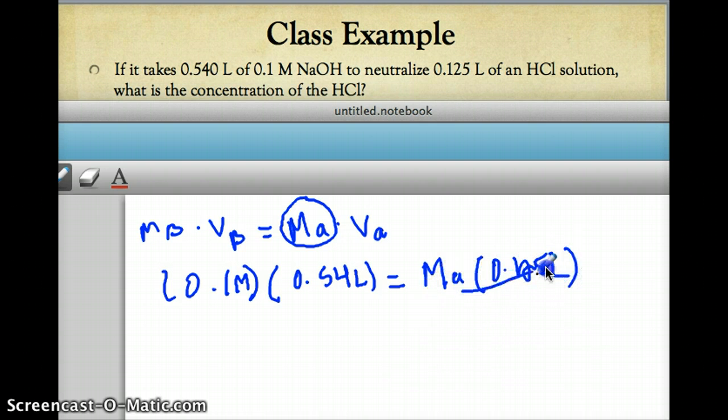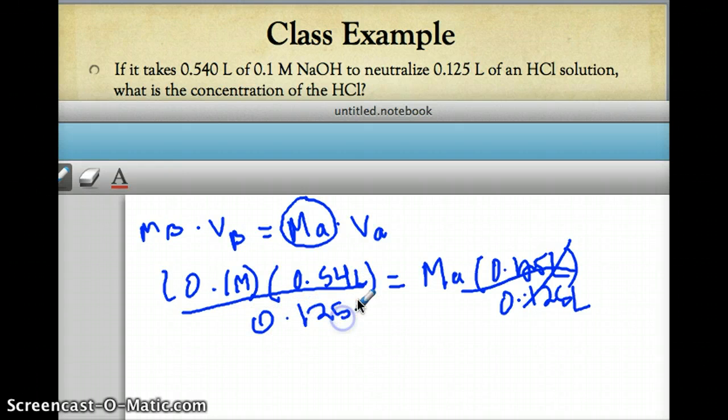Then you're going to divide by 0.125 liters on both sides. The liters cancel.